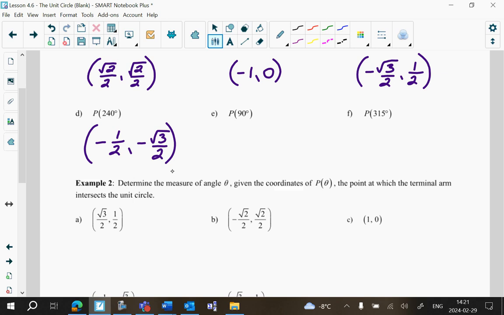Careful. 0, 1. And 315, thinking of the family that belongs to, the 45-degree family. Yeah, if we're in quadrant 4, the x is positive, but the y is negative.